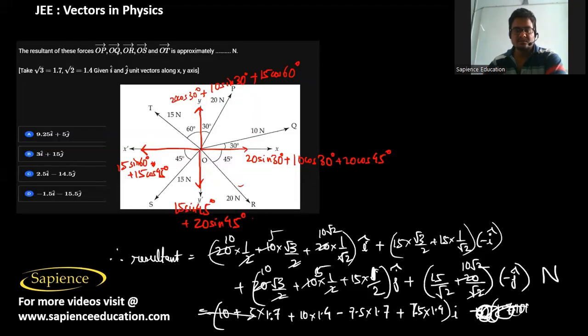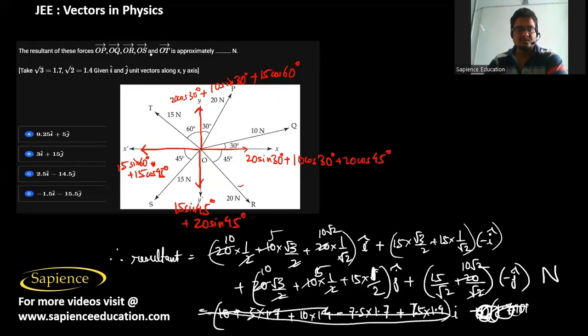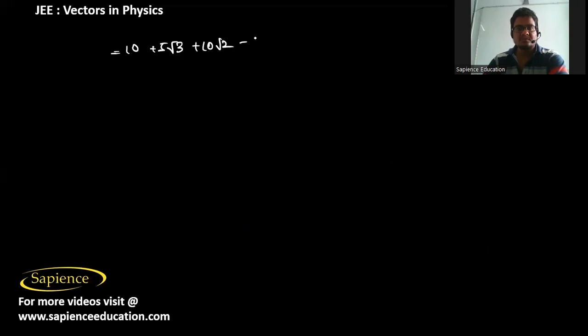We can write this in the next page also. So this is actually 10 plus 5 root 3 plus 10 root 2 minus 15 by 2 root 3, then minus 15 by 2 root 2.